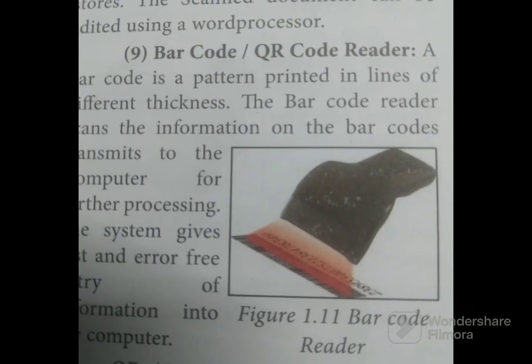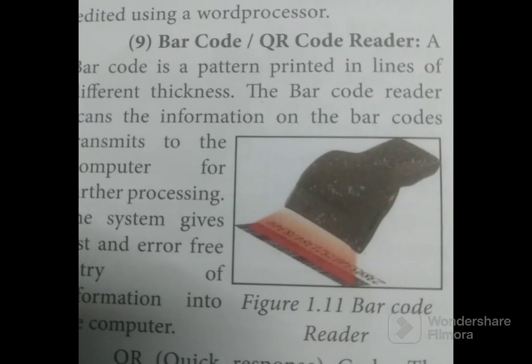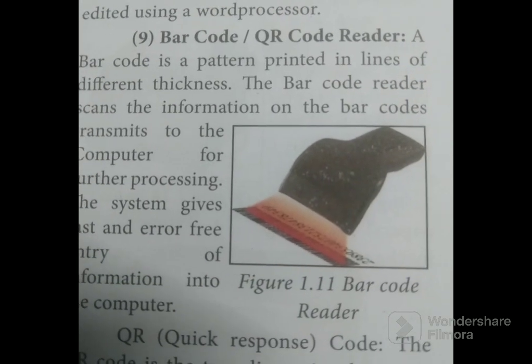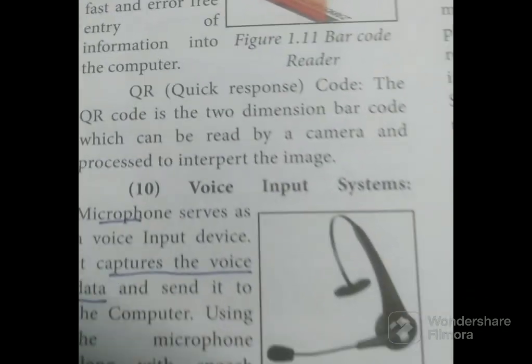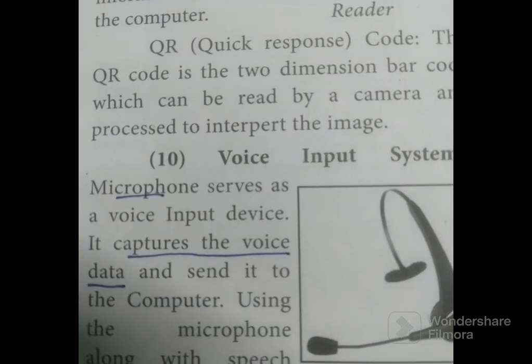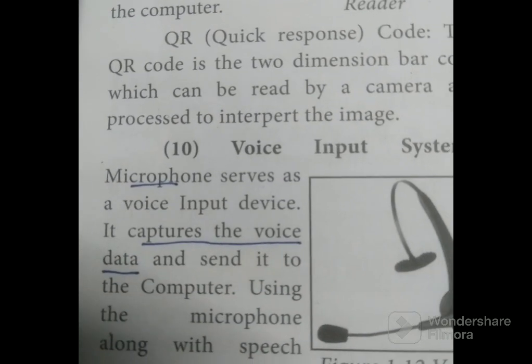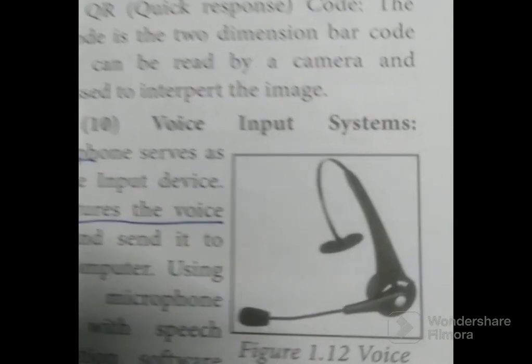The ninth input device is barcode or QR code. This captures and translates barcodes into numbers or letters. Next is voice input systems. Microphones captures the voice data and send it to the computer.